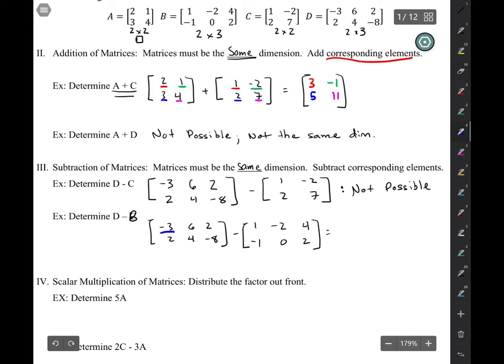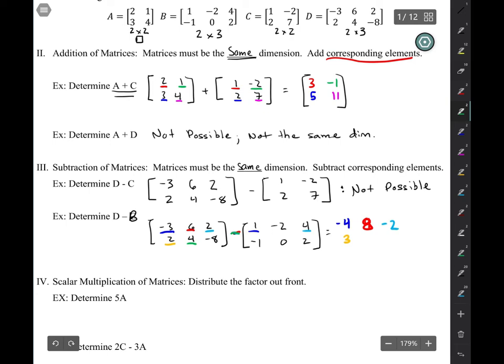So negative 3 minus 1, so that's actually negative 4. 6 minus negative 2 is going to be 8, 6 minus a negative, so be careful with that stuff. 2 minus 4 is negative 2. 2 minus negative 1, once again, is going to be 3. Subtracting a negative makes it positive.